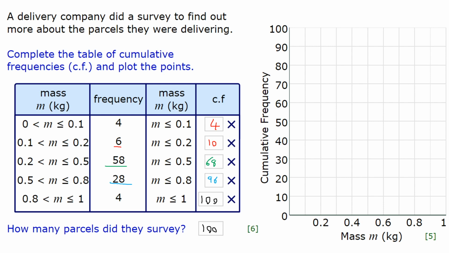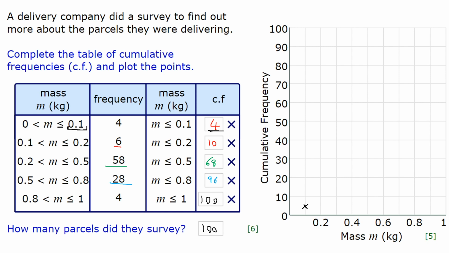Now let's plot that into our diagram. What we're going to do is write down 4 in our cumulative frequency on the y-axis, because the y-axis represents cumulative frequency, but on the x-axis we need to finish it at 0.1. Okay, so this is what it would look like.